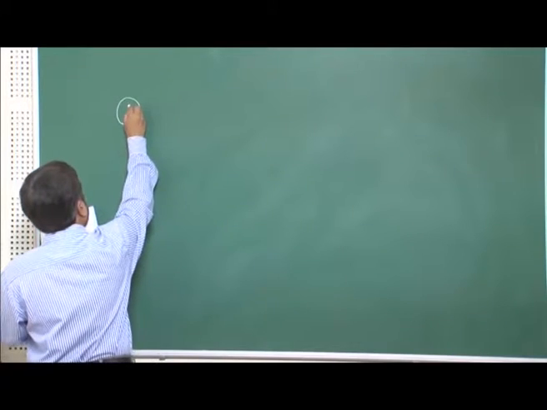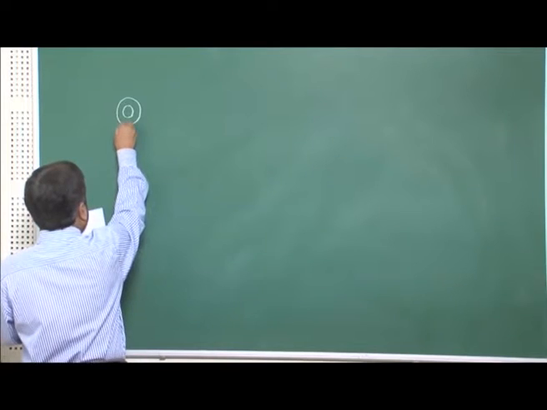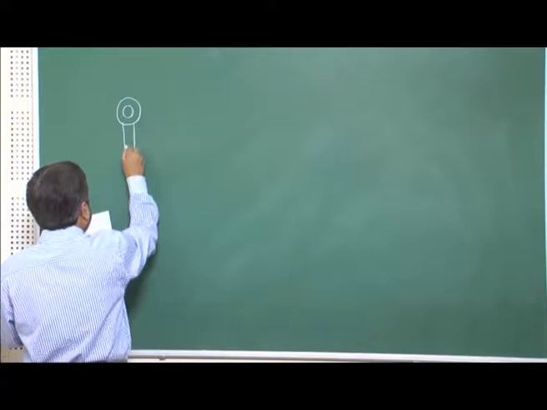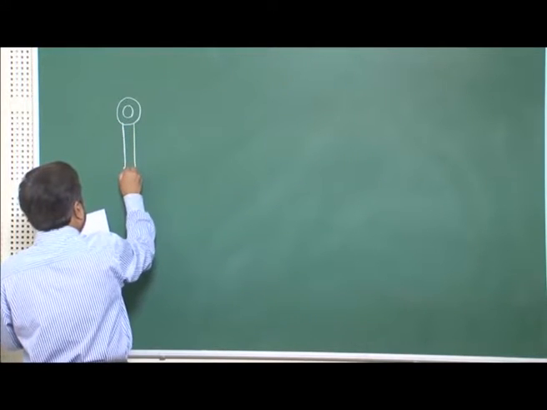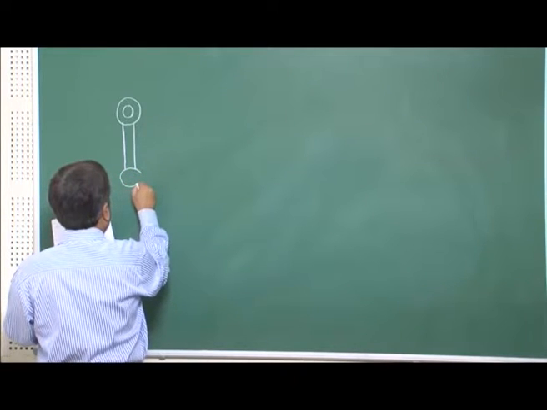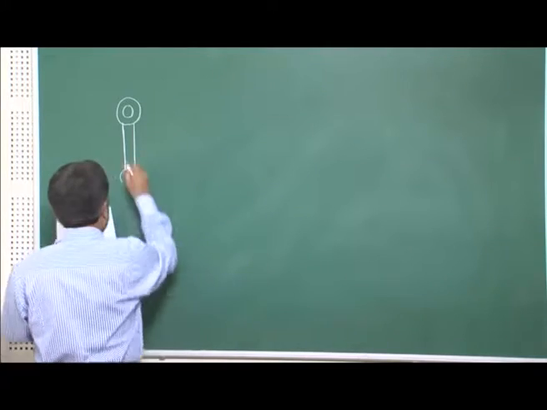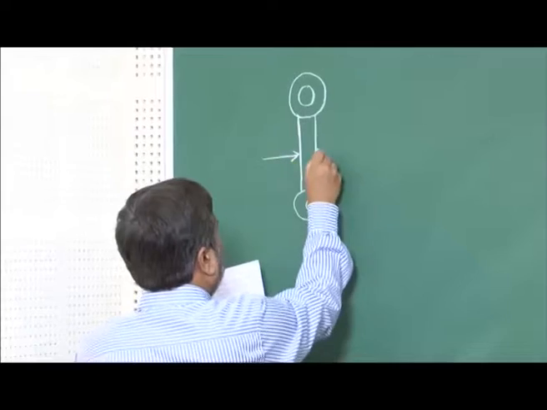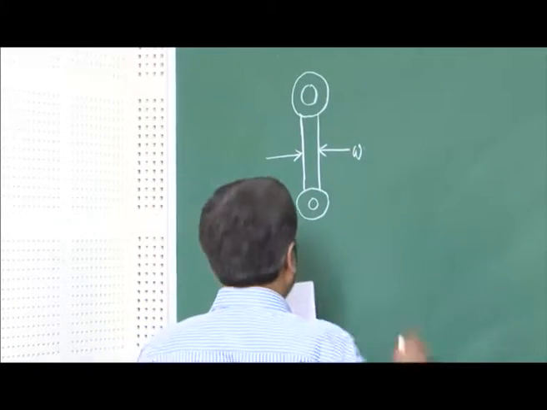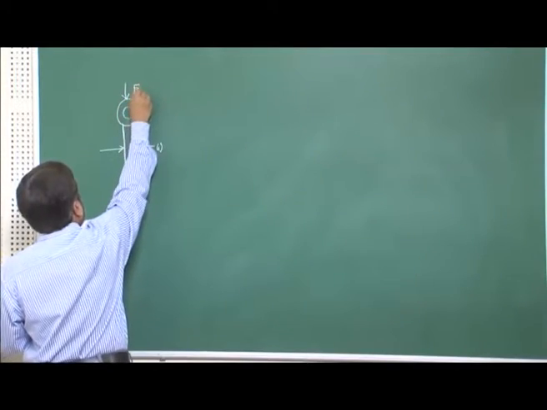This is one part, and then we have this, the simplified drawing of the connecting rod. It is the thickness here, or the width here, W, which is of concern for us. It is getting the force F.